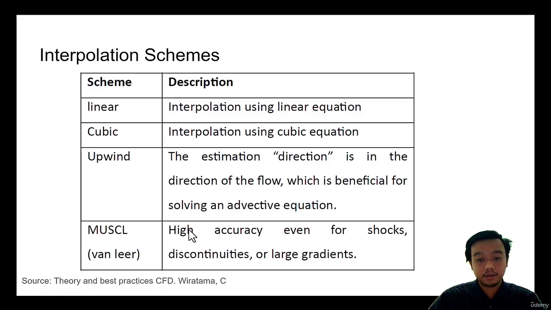It is very accurate for shocks, discontinuities, and large gradients. Of course, this is not the official description; it is just a best practice that has been used by some engineers. Again, this part is just a rule of thumb, so you can use trial and error with the other schemes as long as it is not erroring and is compatible with your solver.